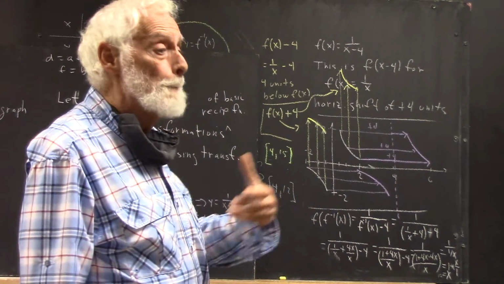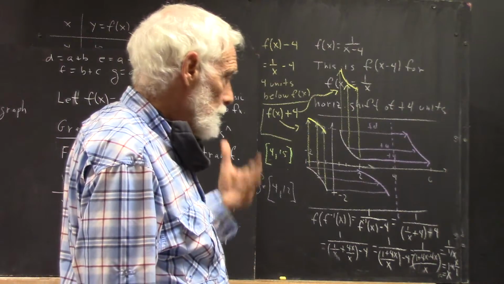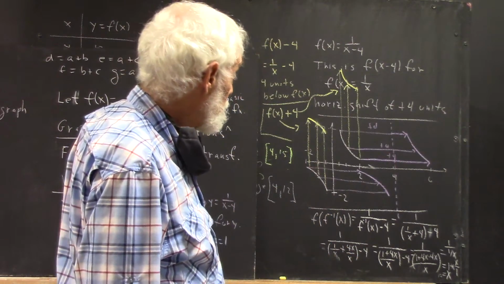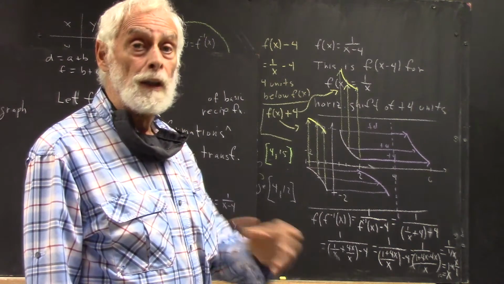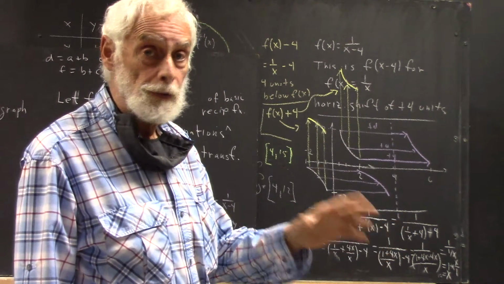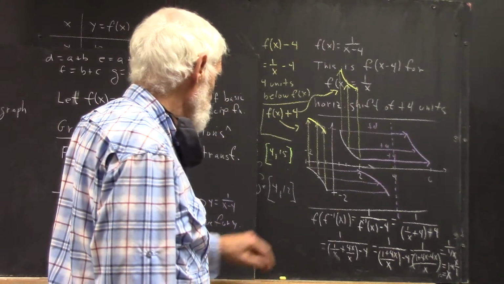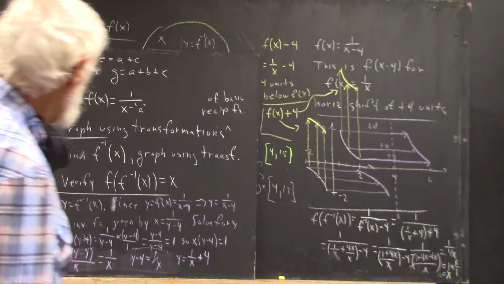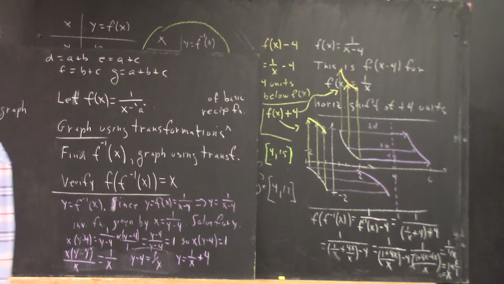Read the textbook, look at videos, look at the open math videos, whatever it takes. You need to understand these transformations because that's where almost all of our functions are going to come from. Okay, absolutely essential picture.